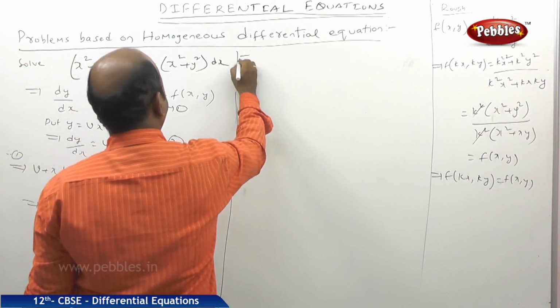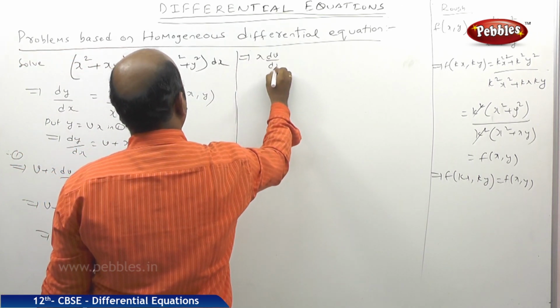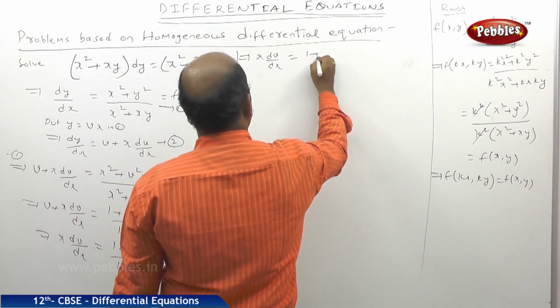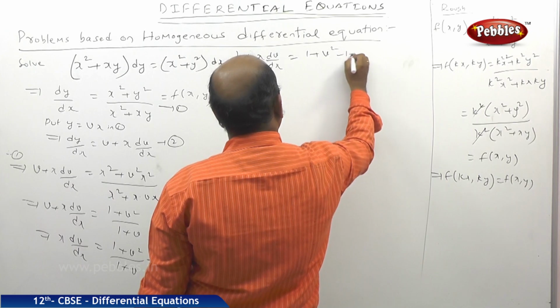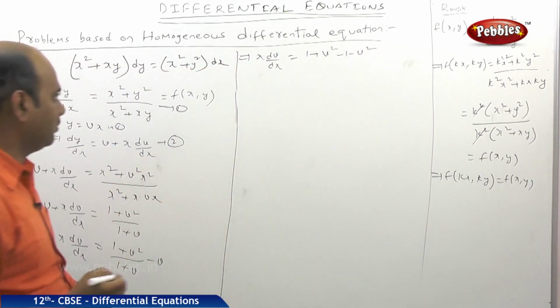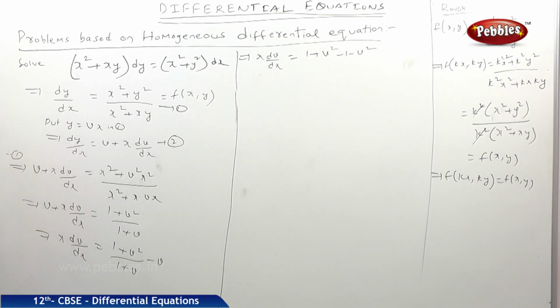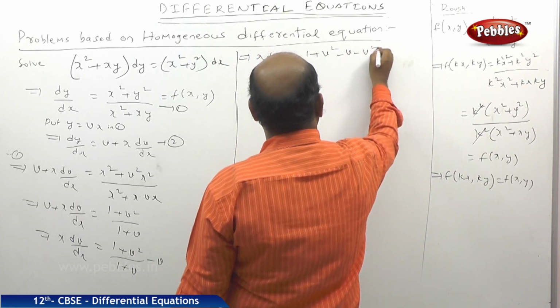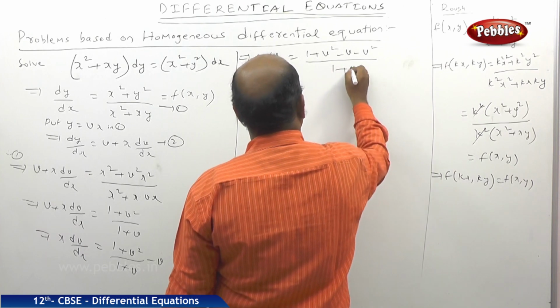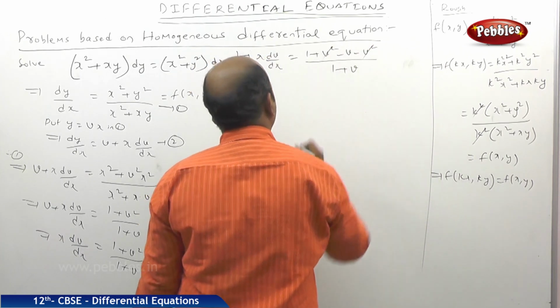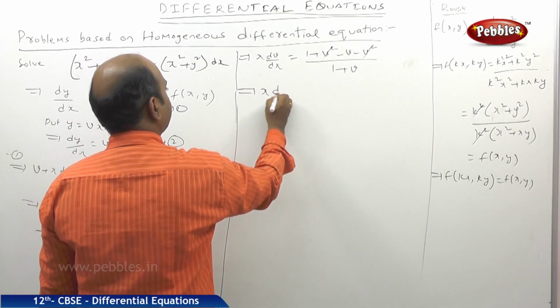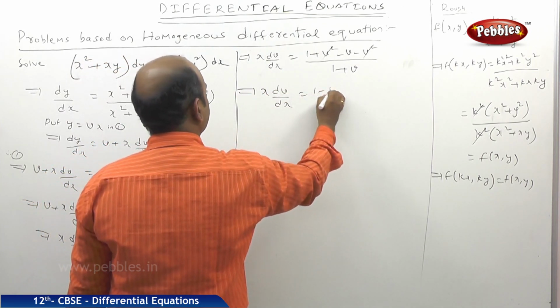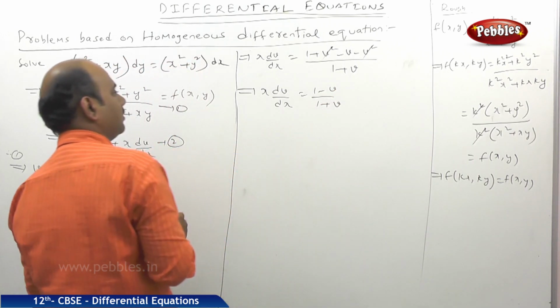So x into dv by dx is equal to (1 plus v square minus v minus v square) divided by (1 plus v). This will be minus v, because minus v into (1 plus v) gives minus v minus v square. I think v square will be getting cancelled. So finally there remains x into dv by dx is equal to (1 minus v) by (1 plus v).